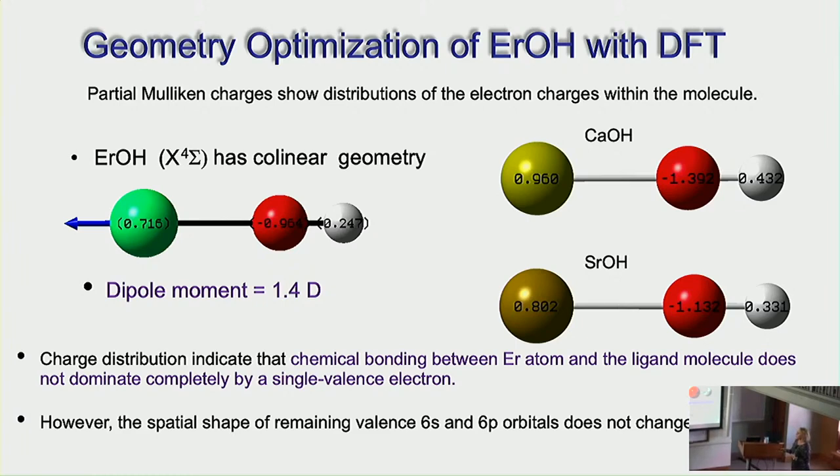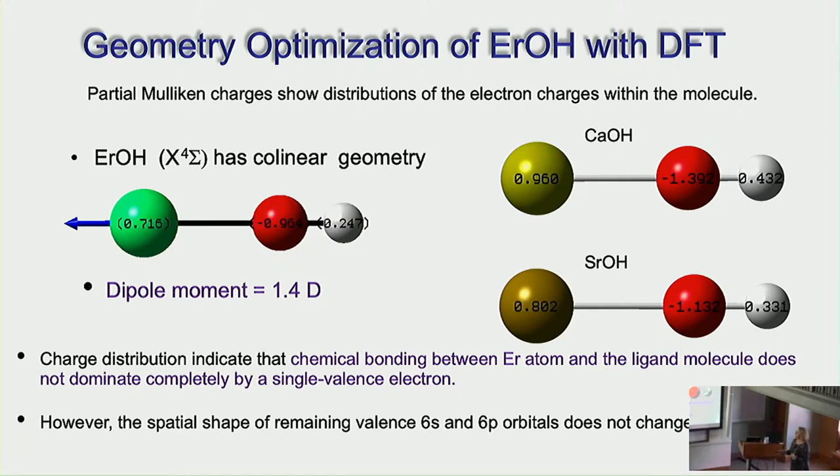So we found the lowest ground state, and there are many. It's a ground state actually, not a state, but a configuration. There are many states that belong there, but they're all ground kind of, from my point of view. So you can call it X. And the lowest one is quartet sigma, and it's linear geometry, indeed.